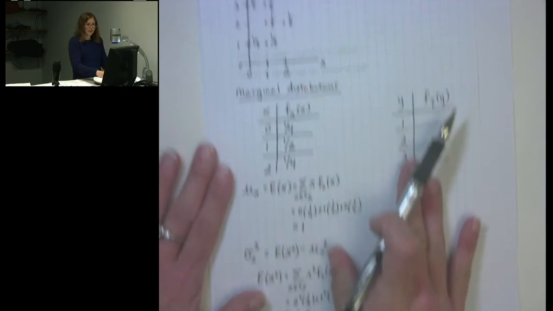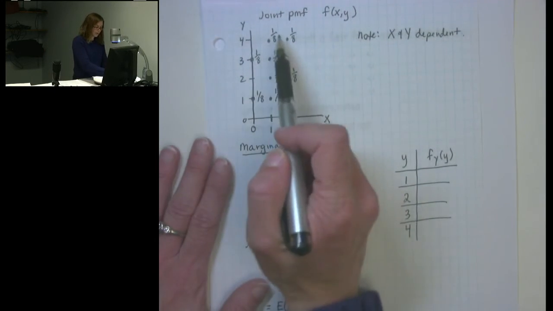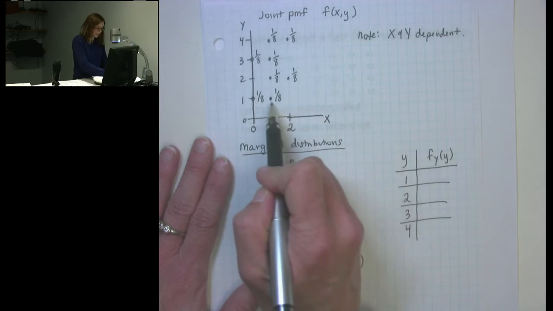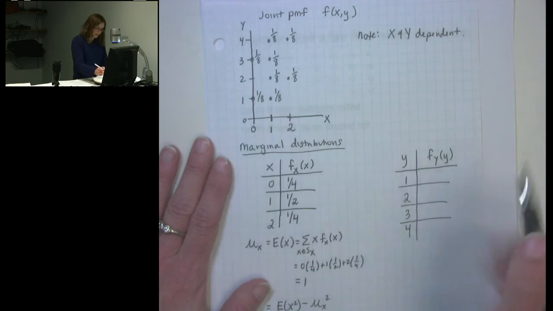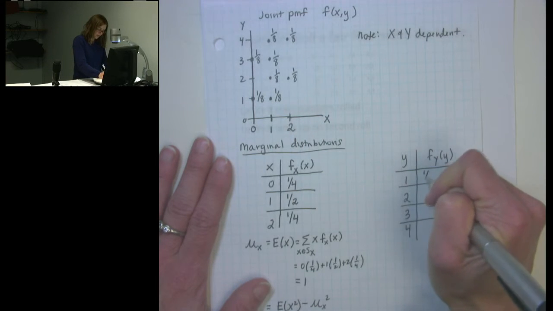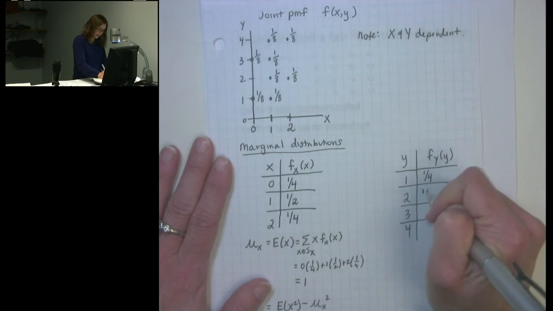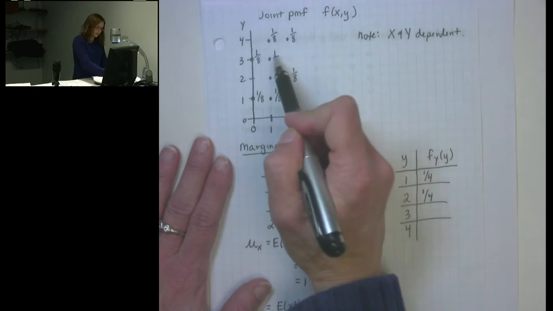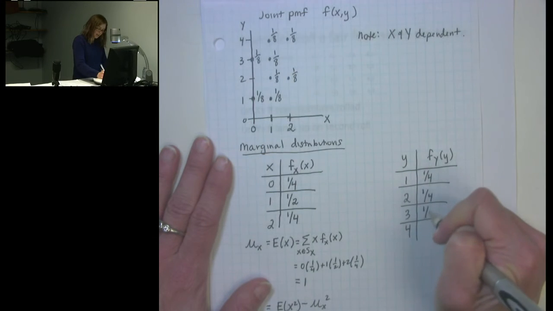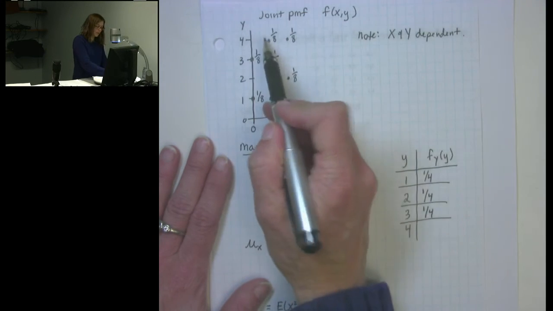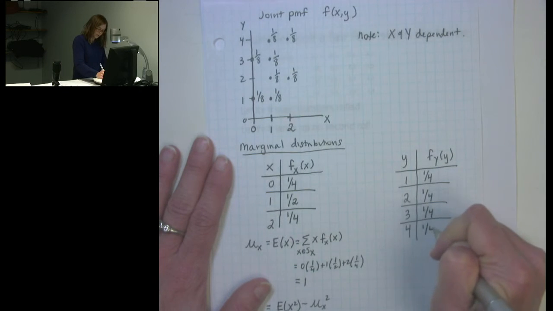And then to find the marginal probability that y takes on each of these values, say, okay, there's 2/8 at 1, so that's 1/4. 2/8 at 2, again 1/4. 2/8 at 3, 1/4. 2/8 at 4, 1/4.